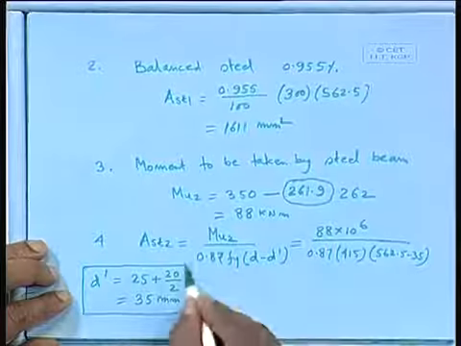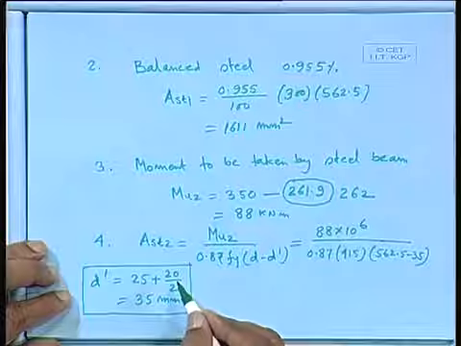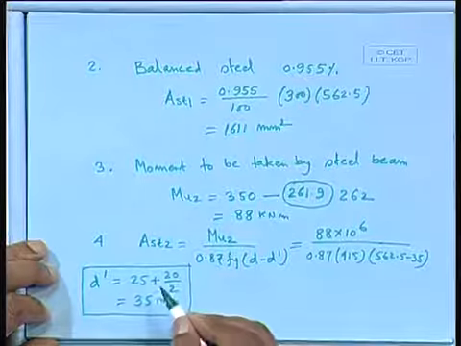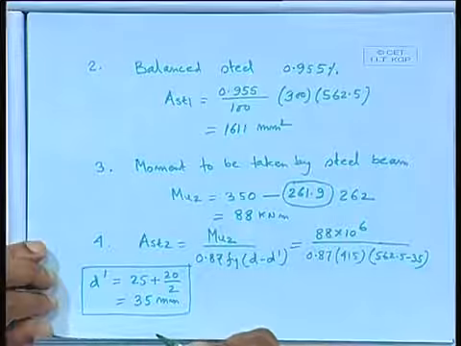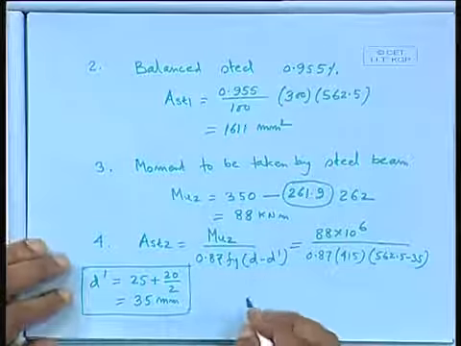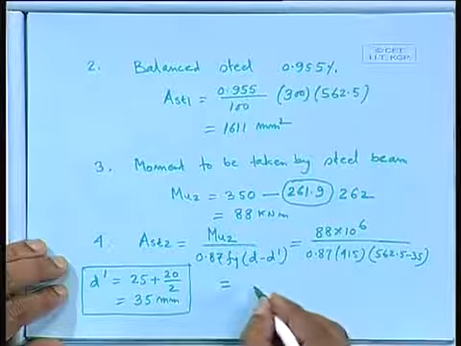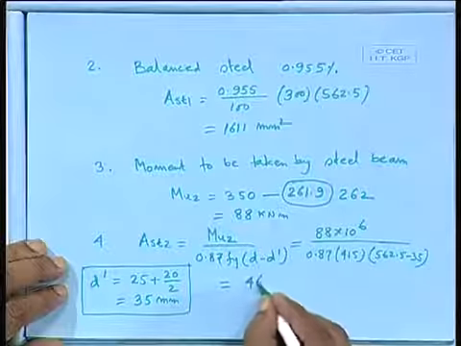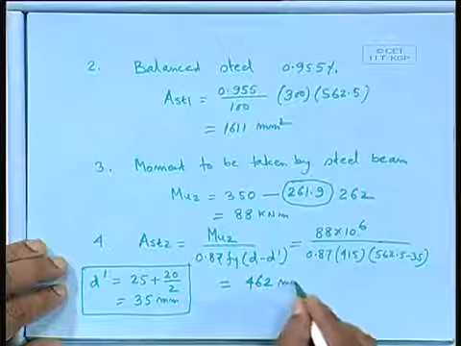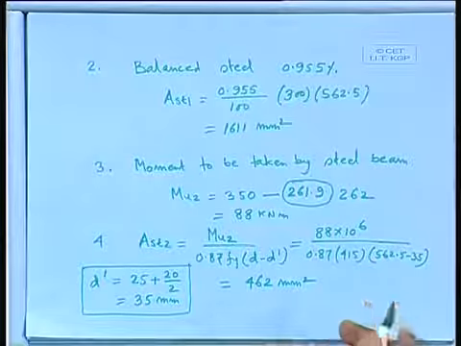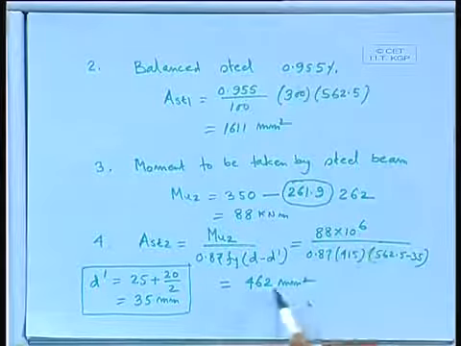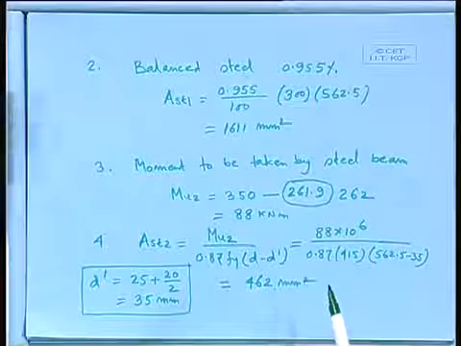Like the previous one, we can provide 25 millimeter dia bar at the bottom and at the top. If we compute, we shall get 462 square millimeter.